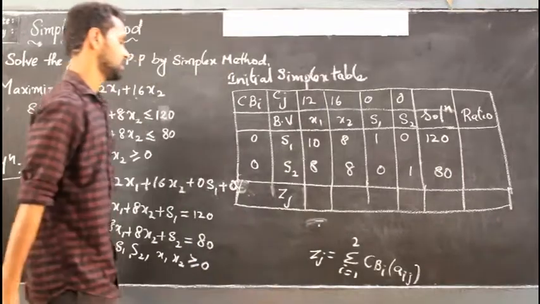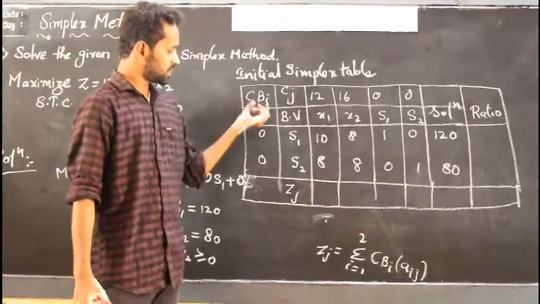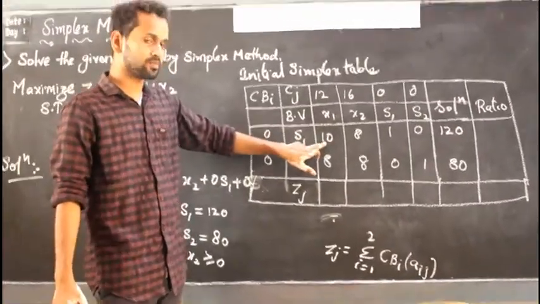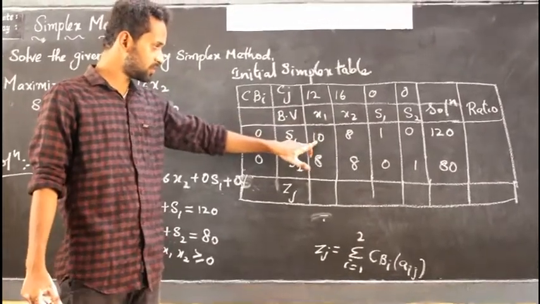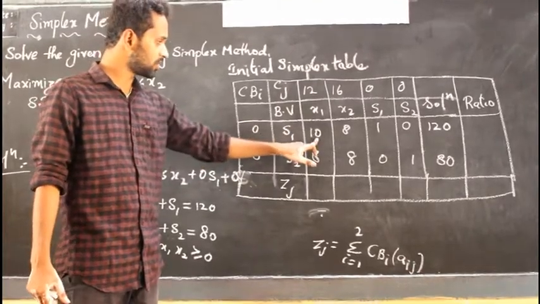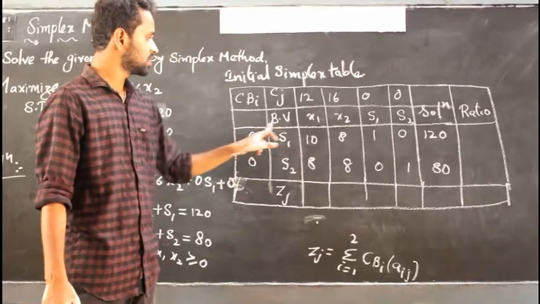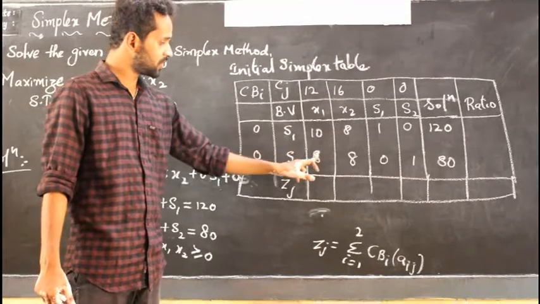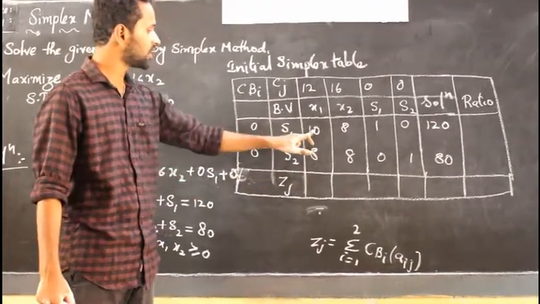Here CBi means the coefficient of the basic variable, into Aij, the element of the first row and first column. I consider x1. So this is my A1, this is my A2. This is CB1 into A1 plus CB2 into A2, which will give you the Zj value. That means I need to multiply and add, that's it.